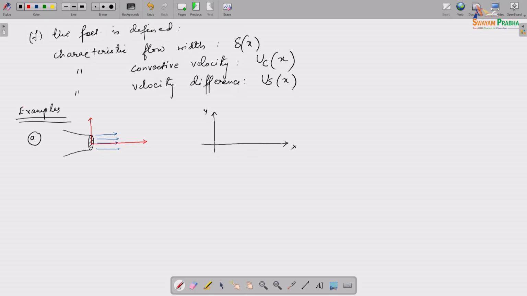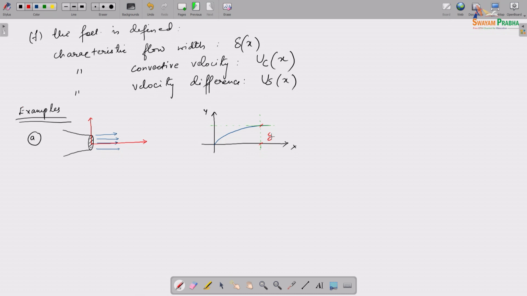Let's say I have this. Now we'll take some location here, some location here, and this of course is the delta. This of course is the delta.